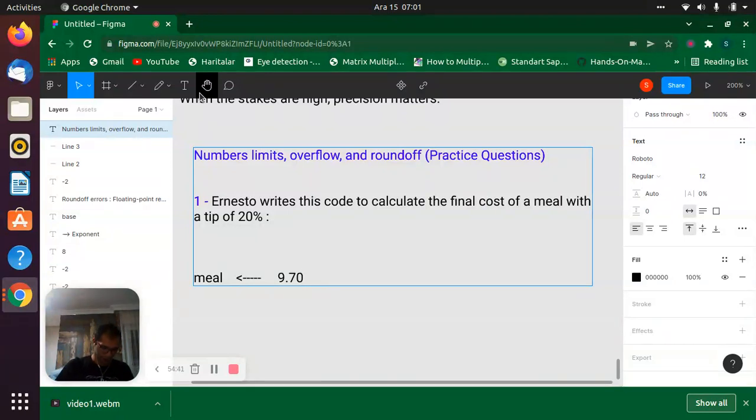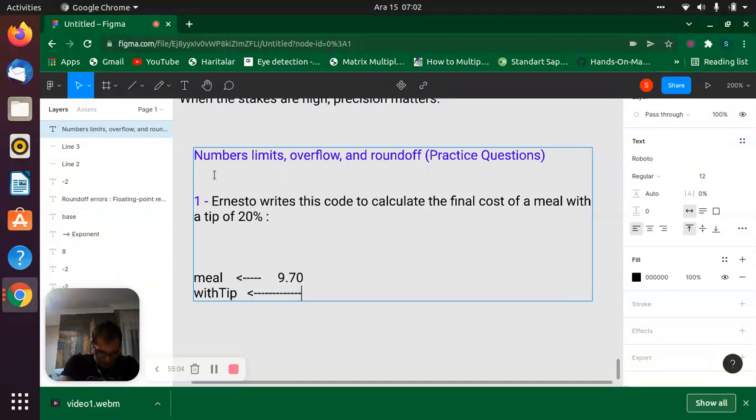This is an important point, the floating point representation we have here, right? What do you think? Anyway, I don't want to go into detail. The width tip will be again, maybe, and again, this one here will be 1.20.